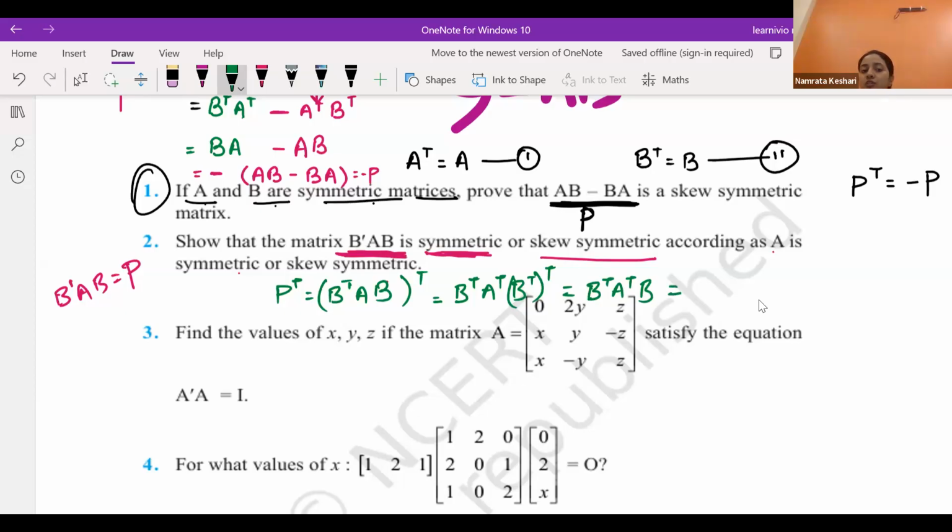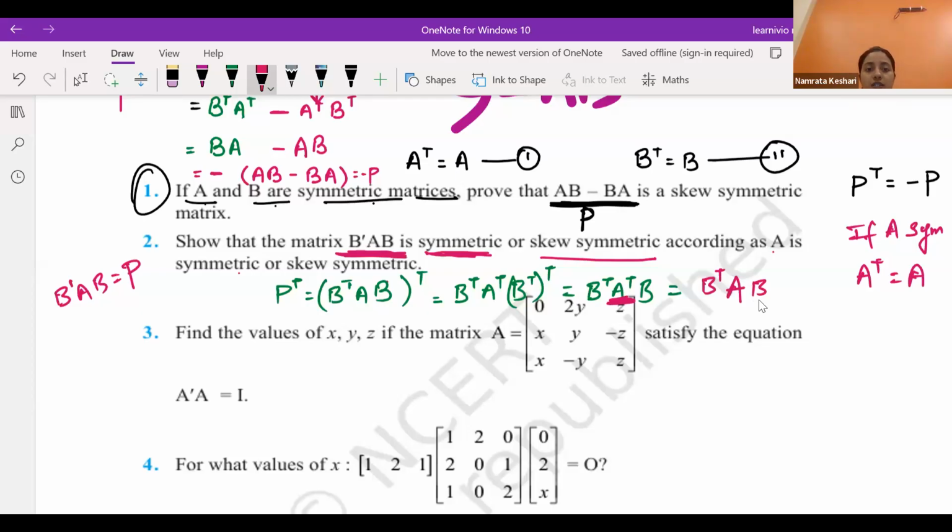Okay, now we have to show that this resultant matrix, B transpose AB, is symmetric if A is symmetric. So think about it. If A is symmetric, A transpose will be A, right? Yeah. So in place of the middle A transpose, we can substitute just matrix A, and the left and right ones we copy as they are.